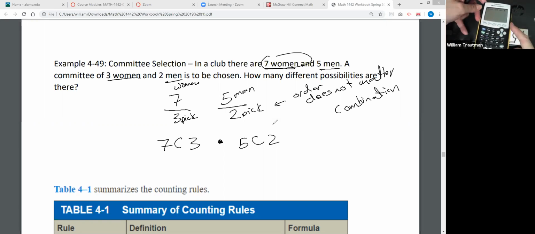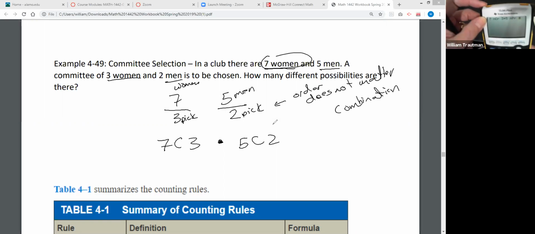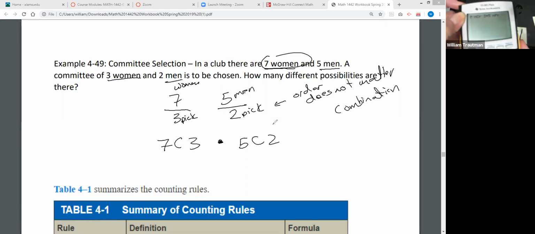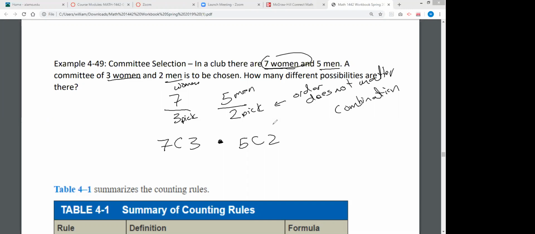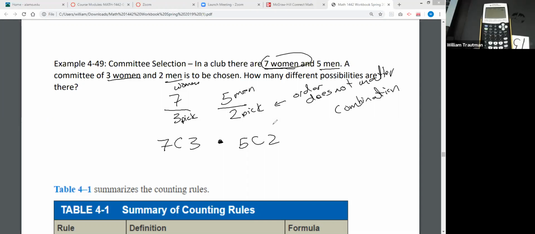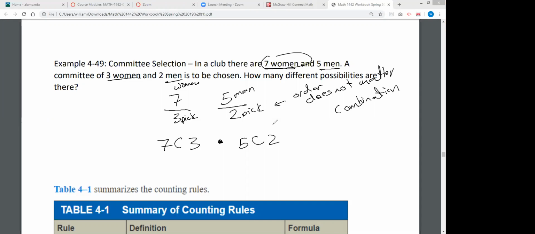So if you see on my calculator, I typed it in all at once. I think, did I? Oh, I didn't hit 2. Hopefully this works. Let's see what happens. Anybody else get 700? I got 350. Okay, so I think I did something wrong. Let me look at my calculator. Yeah, I got 352.